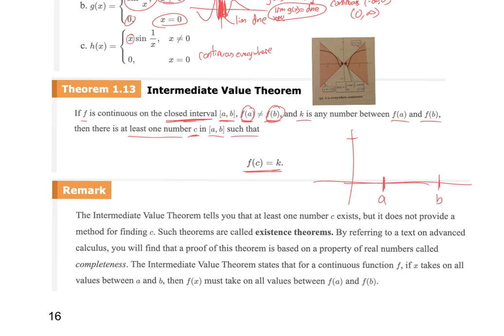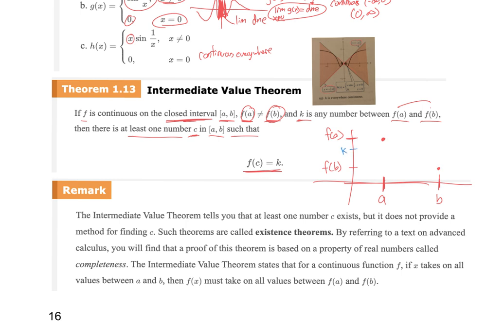So let's say here is f of a. That means we have a point right there. And here is f of b. That means we have a point right there. Now k is any number between these two y values. So let's choose k to be right here.